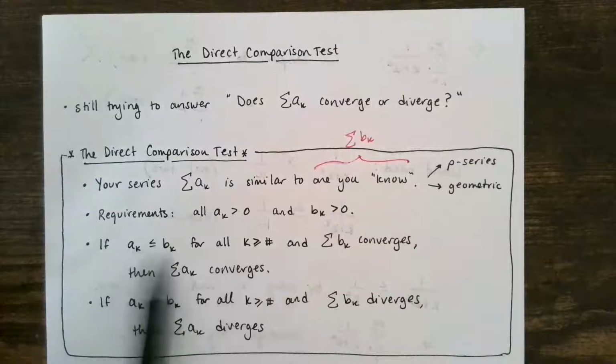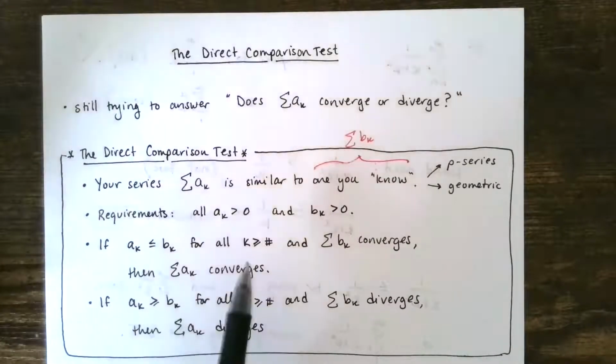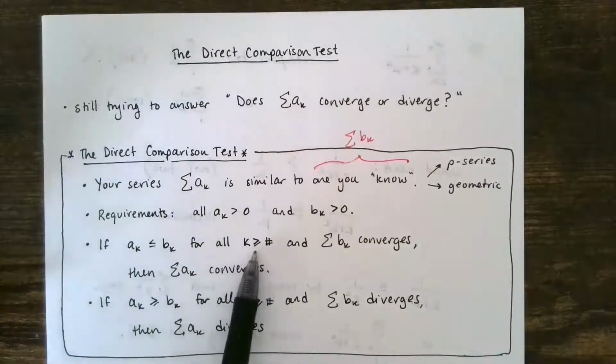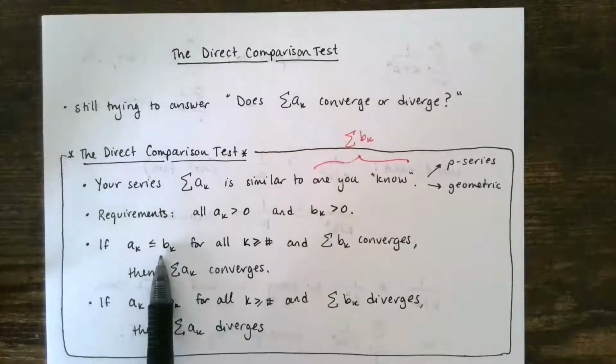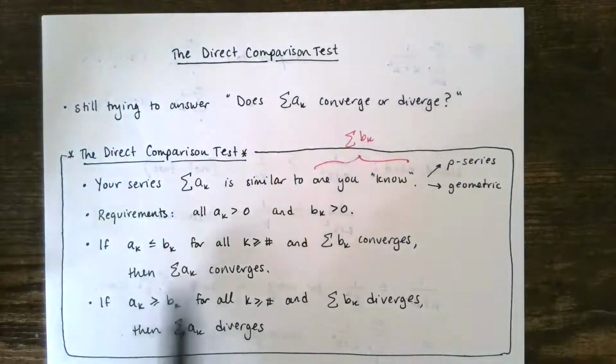For every single k, you should always be less than or always greater than to make this conclusion. But technically, you can loosen that requirement a little bit and say, okay, it's fine if the first few don't have this relationship, as long as after a certain point, this is always true. So for k, as long as the terms are greater than 10 or whatever, this is true. Technically, it's an eventually thing here. It's not something we usually have to worry about. It just broadens the capabilities of the test.